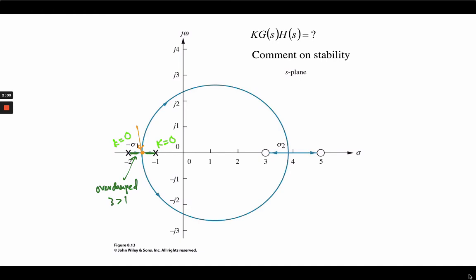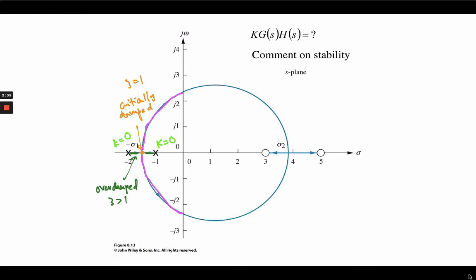So we know that at this point the response is critically damped, where zeta equals 1. Then as we increase the value of k, one goes upwards, one goes downwards, along this line.